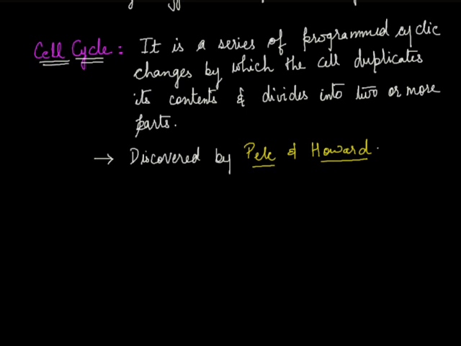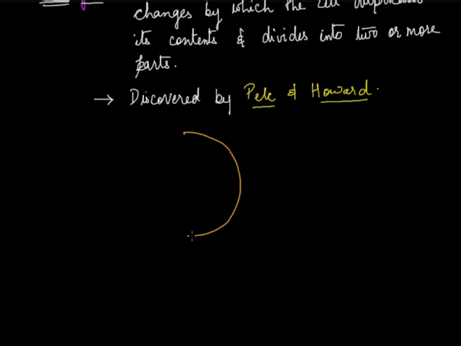Now let us represent the cell cycle in a diagrammatic manner. It consists of four main phases. If we represent the cell cycle by a simple circle, then half part of the circle is covered by one phase of the cycle, known as the G1 phase.